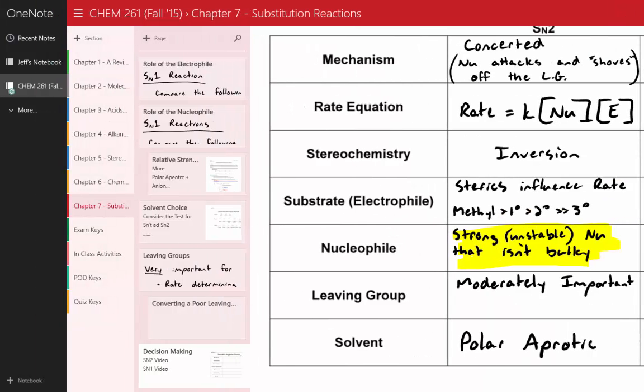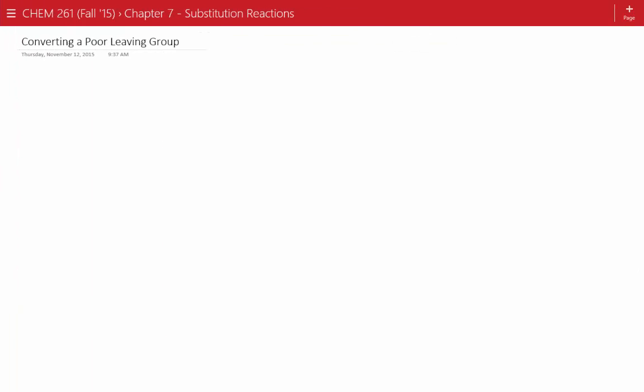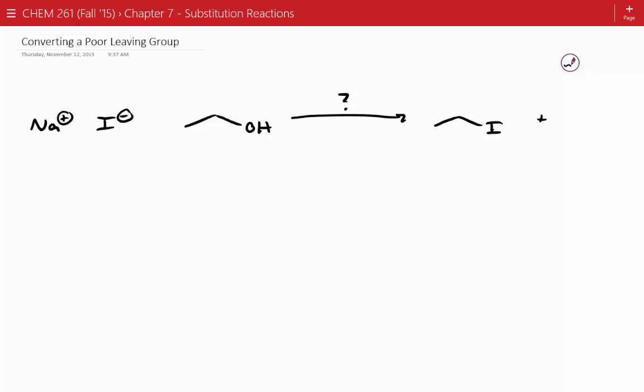So let's go back. And let's say I want to do this reaction, where I've got sodium iodide plus ethanol. And my goal is to make an alkyl halide and sodium hydroxide.